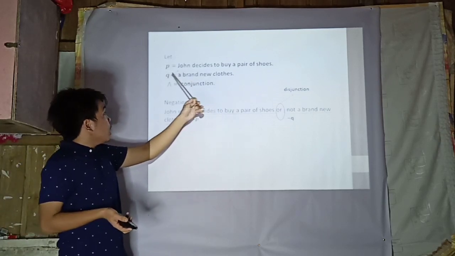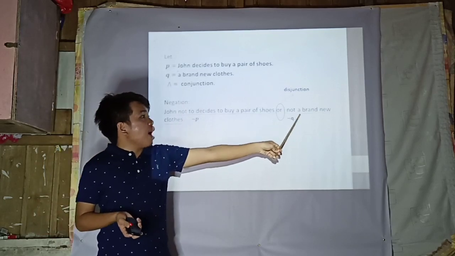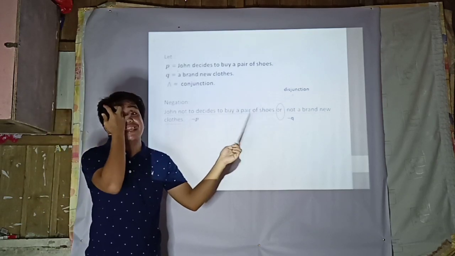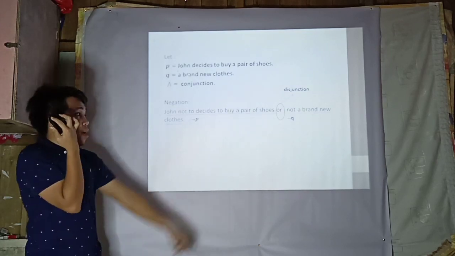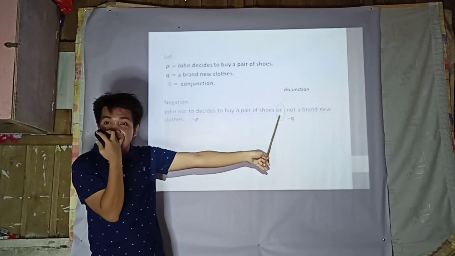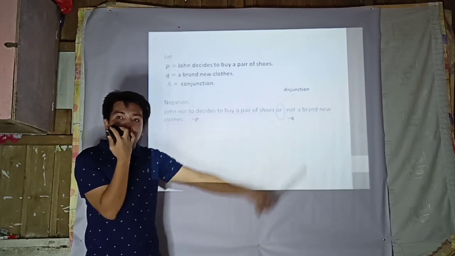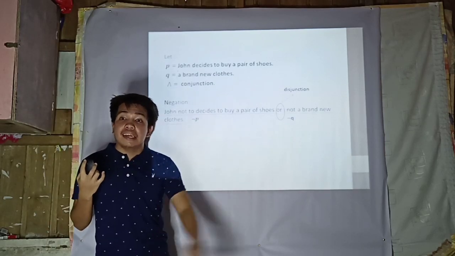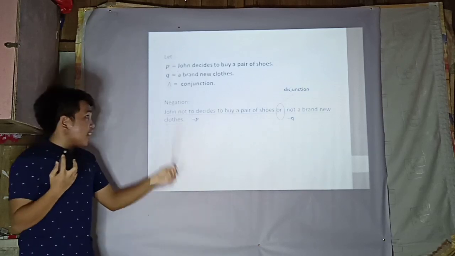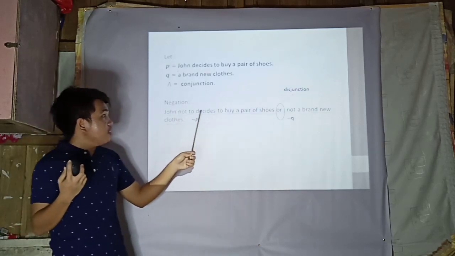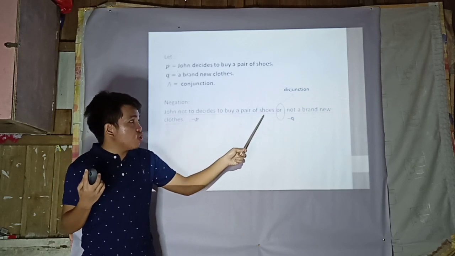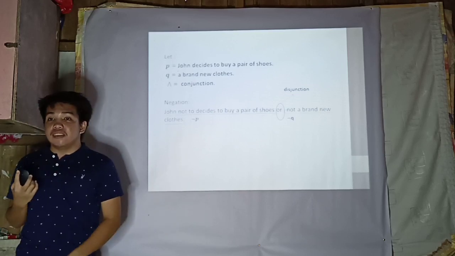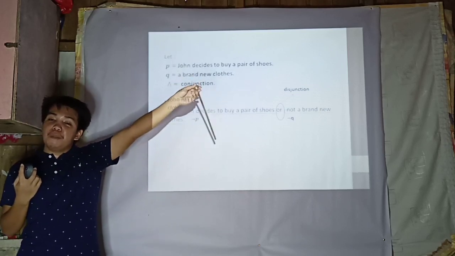And the Q statement becomes "not a brand new clothes." We also change the logical operator to disjunction. So the negated statement is: John does not decide to buy a pair of shoes or not a brand new clothes. This is the negated statement of statement number 3.